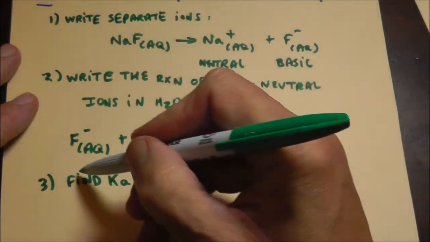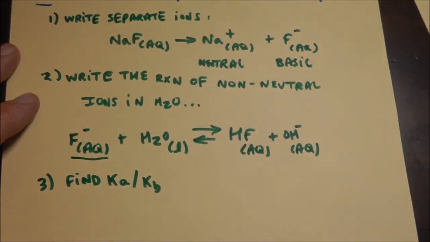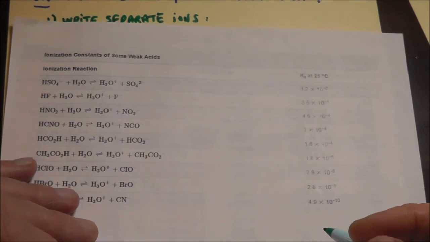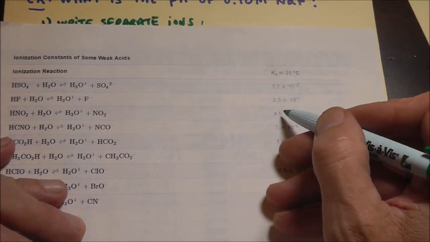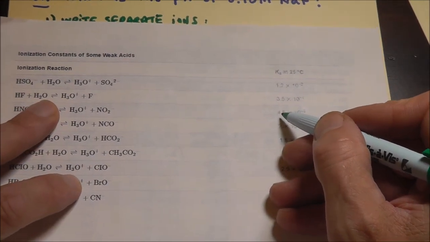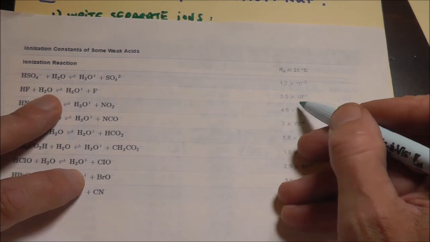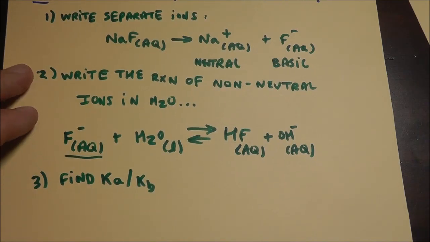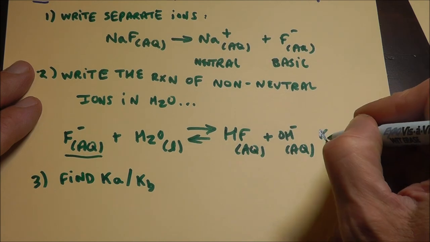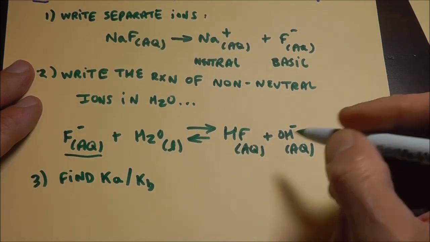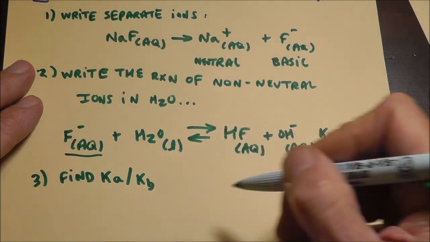So what we're going to do now is look for that guy in the chart, and it's related to the weak acid HF, which has a Ka of 3.5 times 10 to the minus 4, but this is Kb. Kb equals question mark. So I need Kb.